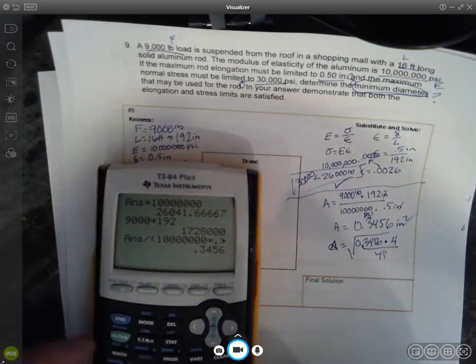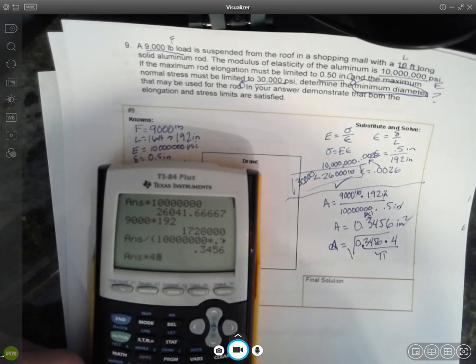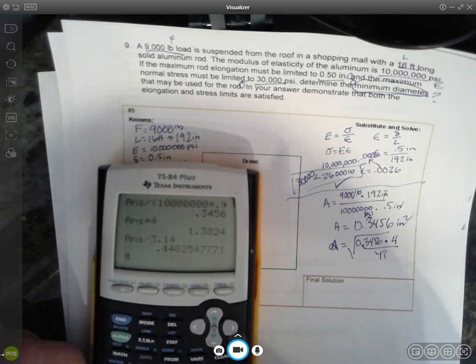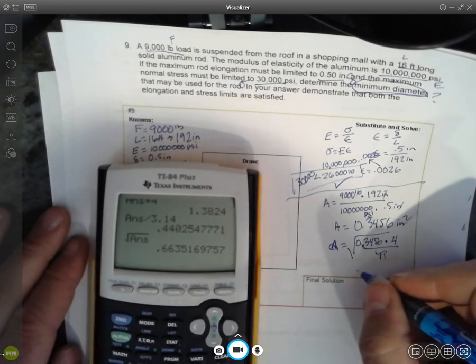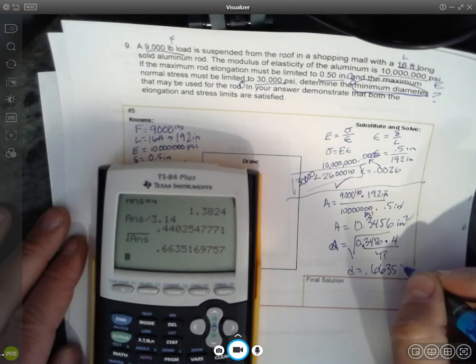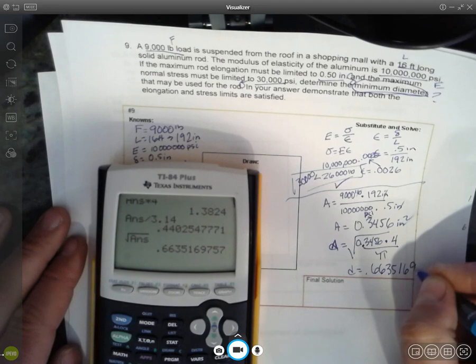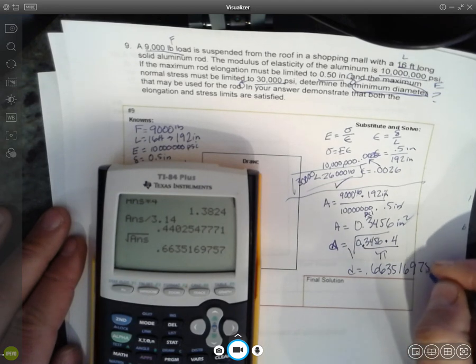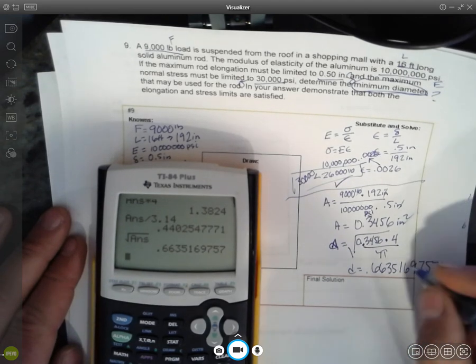All right, so times 4 divide by, and I'm going to use 3.14, and then go ahead and square root it. And that gives me a diameter of 0.6635169757 inches.